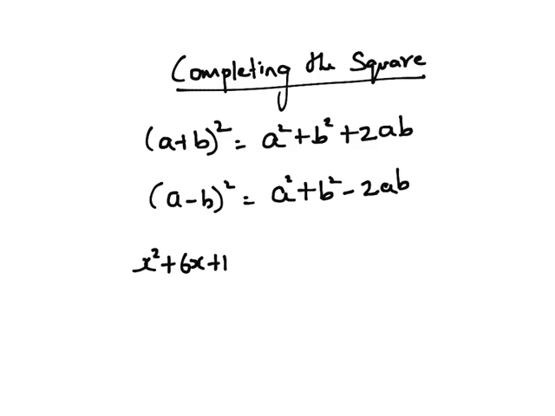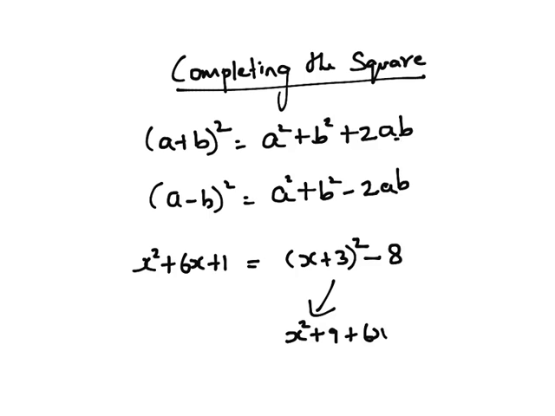Now I can write this as (x plus 3) squared minus 8. So basically I have completed the square here. Now you may wonder, how did I get this answer? Let me check whether this statement is right or wrong. (x plus 3) whole squared is nothing but x squared plus 9 plus 6x.